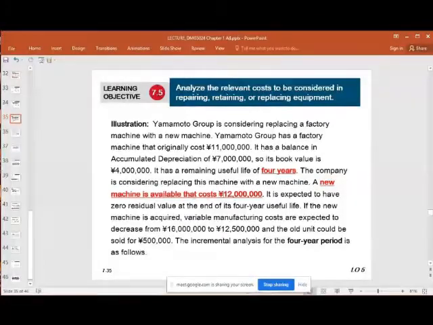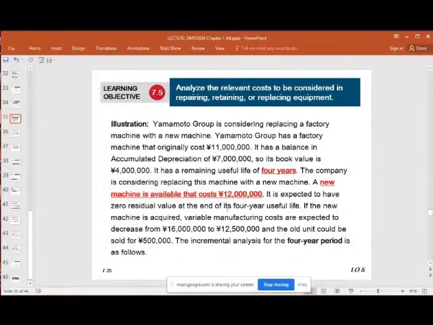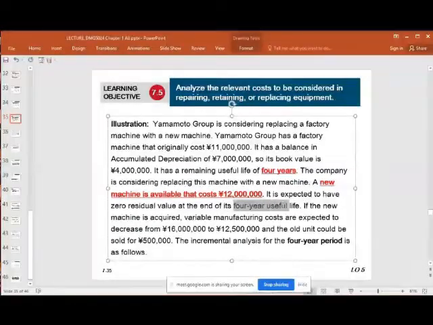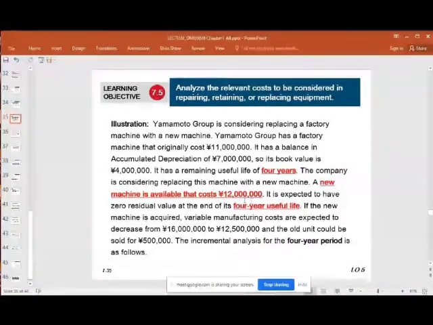So this machine, it is expected to have zero residual value at the end of 4 years. This machine also can use for another 4 years. So I need to know the new machine left how many years, which is 4 years. New machine also 4 years. I need these two info.